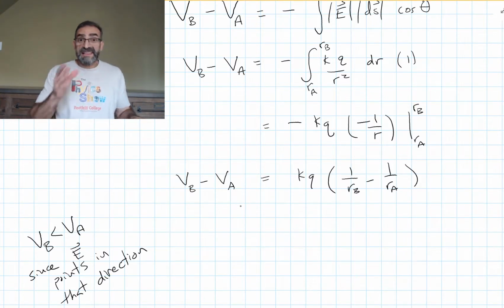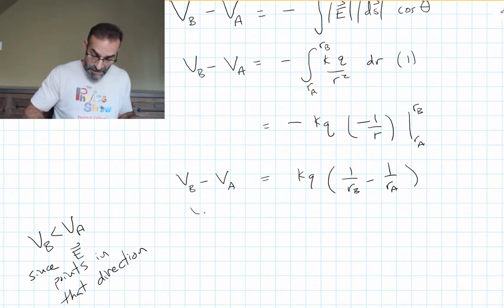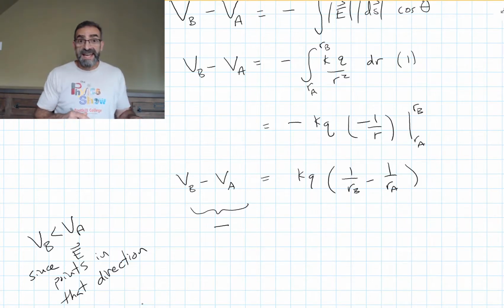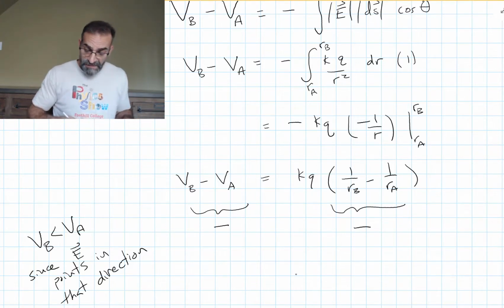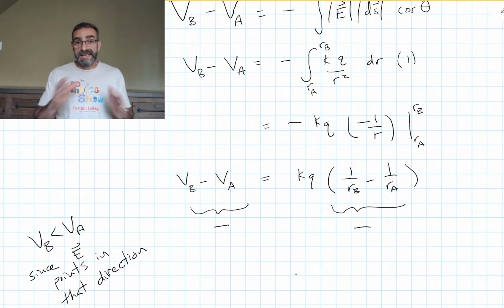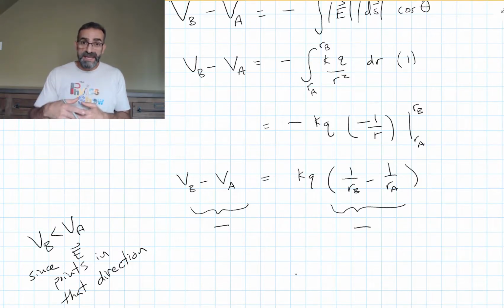That means the left side of my equation is negative. If VB is less than VA, then when I subtract the potential at A from the potential at B, I get a negative number. Let's look at the right side. This is also negative because the radius at B, the distance that B is from my point charge, is greater than the distance of A. So 1 over RB is smaller than 1 over RA, so I get a negative number.